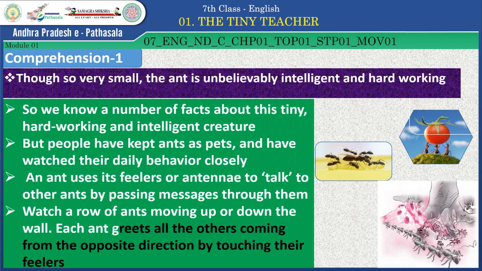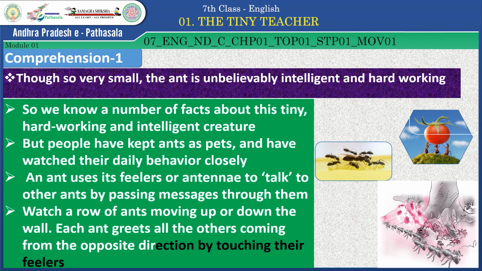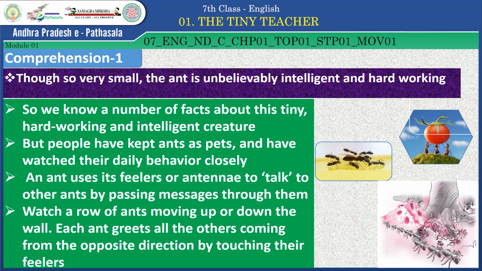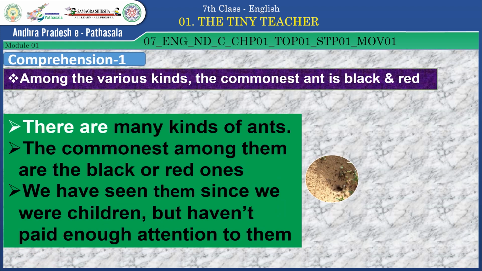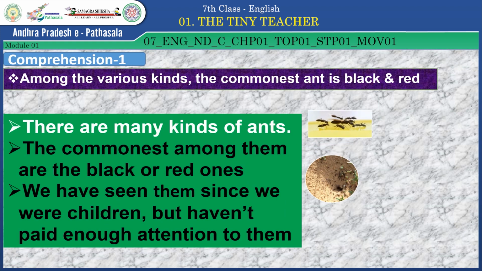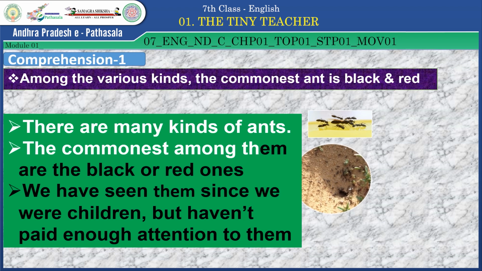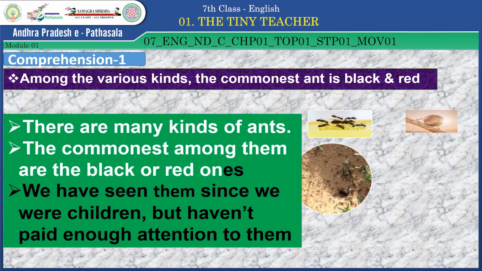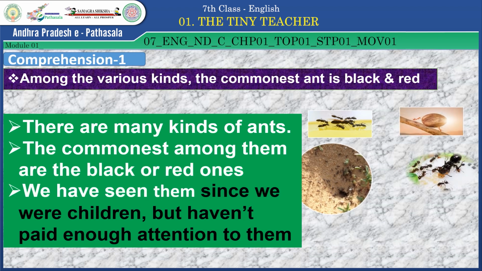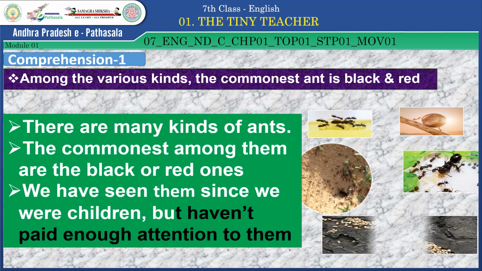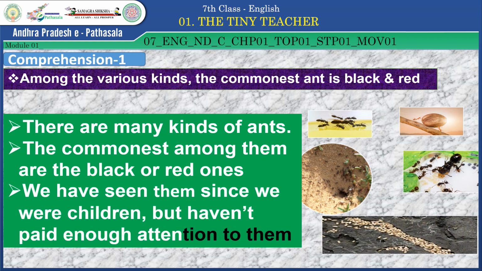Each ant greets all the others coming from the opposite direction by touching their feelers. There are many kinds of ants. The commonest among them are the black or red ones. We have seen them since we were children, but haven't paid enough attention to them.